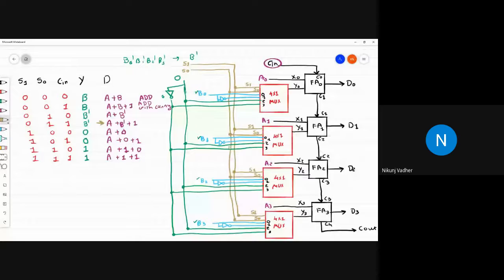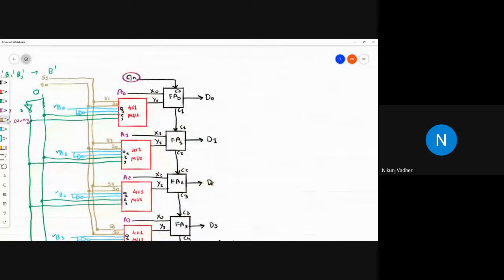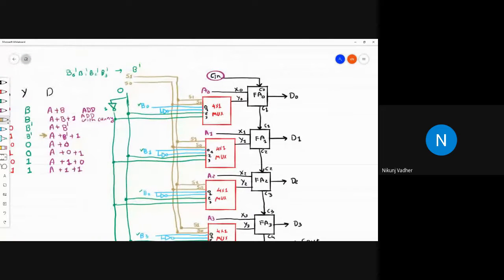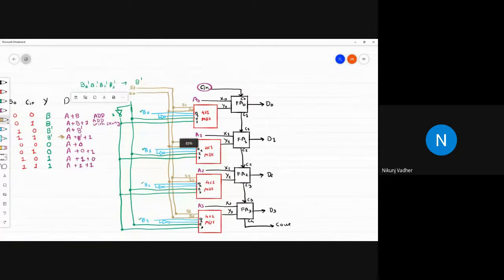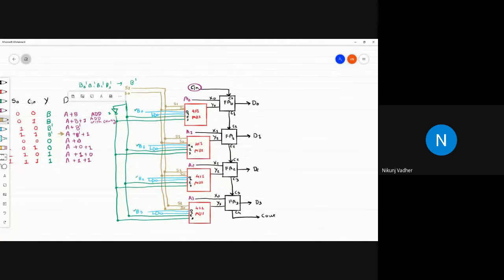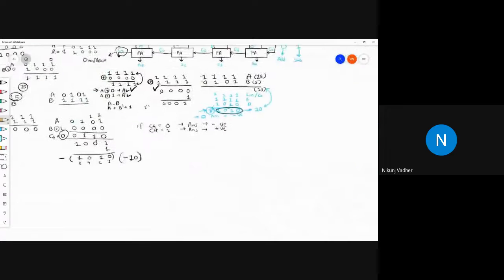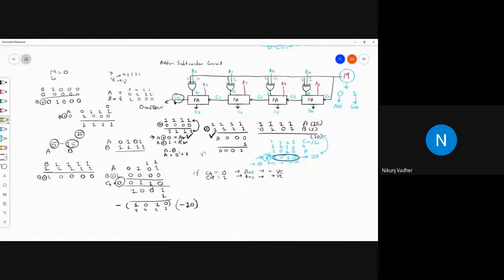Okay, subtraction. Why? Because in the previous canvas we have seen that whenever we perform A minus B, for that we have to use the subtractor.